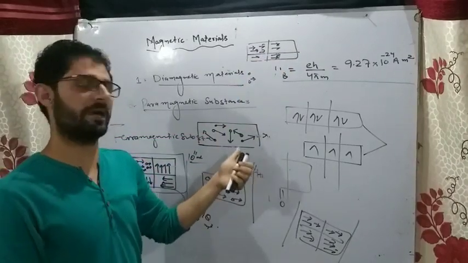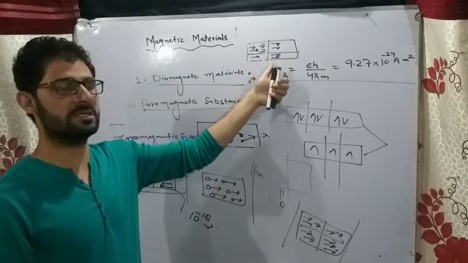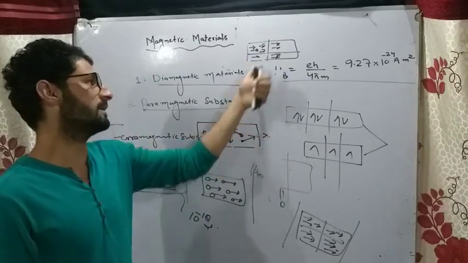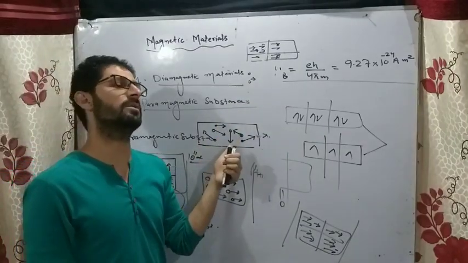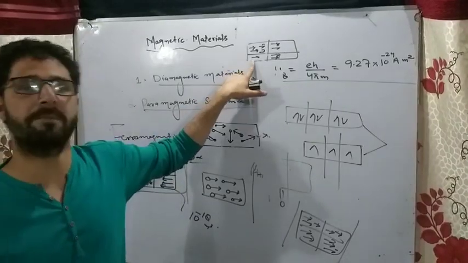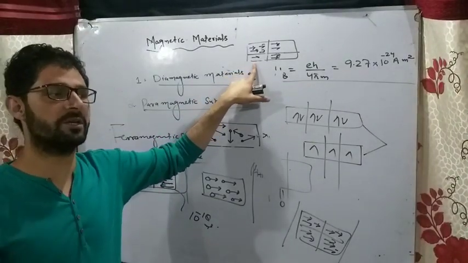We know that in a paramagnetic substance, magnetic moments are randomly oriented. So the domains split, the magnetic moments get randomly oriented, and it becomes a paramagnet. The temperature at which the ferromagnetic substance becomes a paramagnetic substance is called the Curie temperature.